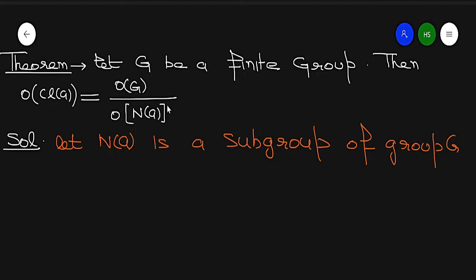It means it is the number of distinct cosets of N(A) in G, right? And what is the left hand side?